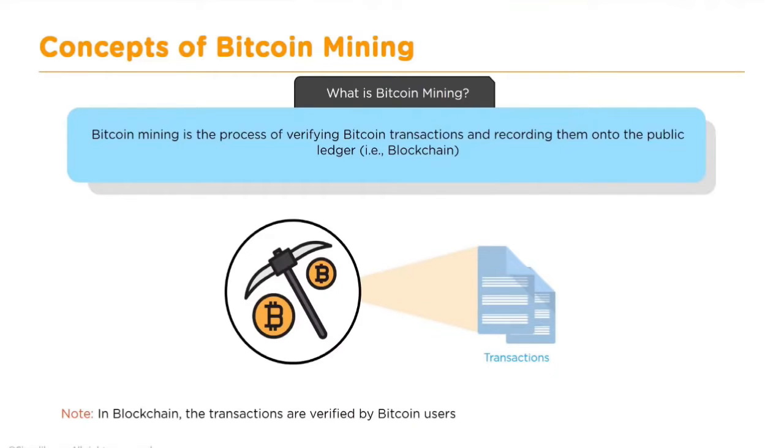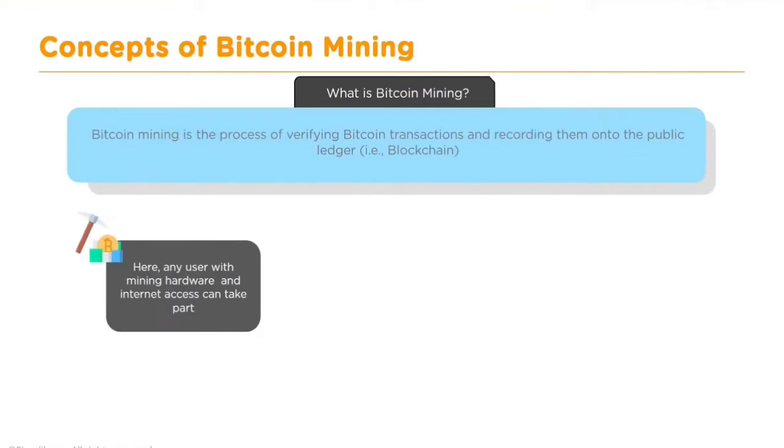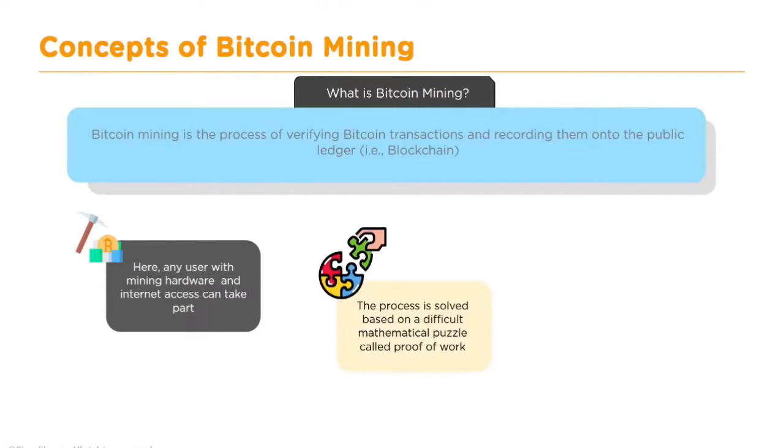But the point to be highlighted is that there is nothing like a centralized body, as in the case of legacy transactions where we used to be dependent on a regulatory or governing body or a bank to make our transactions go through. Now in Bitcoin, any user with mining hardware and internet access can take part. That kind of computer can be a participant and contribute to the mining community.